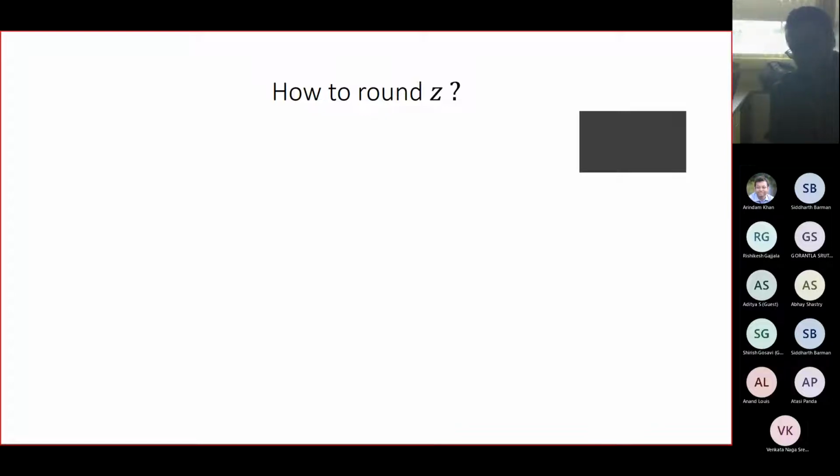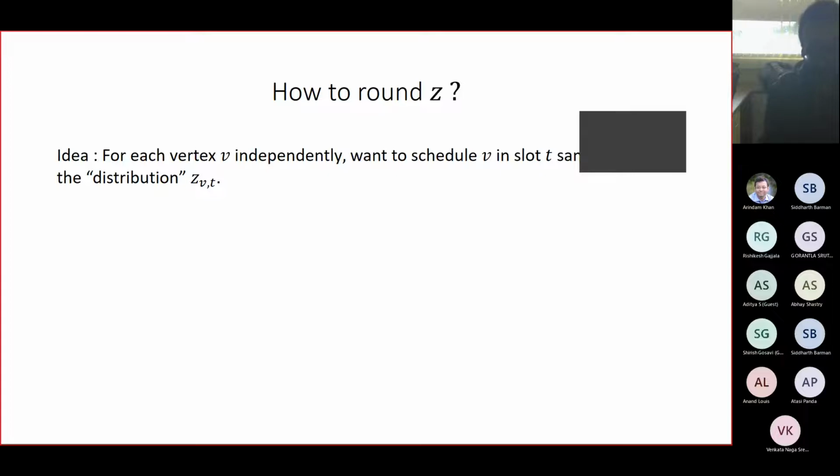So now let's see how you will round this solution Z. This is something which comes from previous work, something called alpha point rounding. And some of you might not know, so here is what it looks like. For every vertex V independently, we will pick a slot. And how we will pick the slot? I will think of ZVT as a distribution over slots T. So for any fixed vertex V, Z is kind of a distribution over slots.